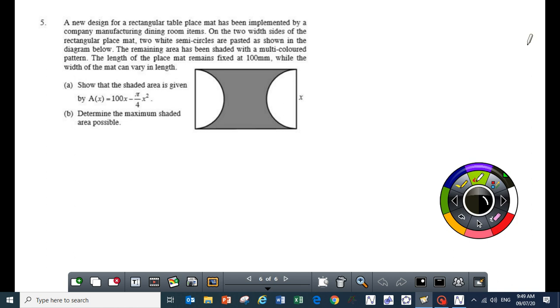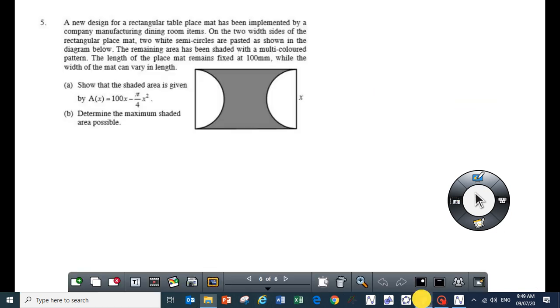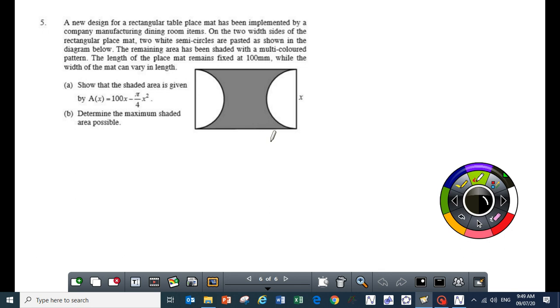The length of the placement remains fixed at 100 meters, so this length here has to be 100 meters. It's only the width which can change, that's why it's labeled there as x.